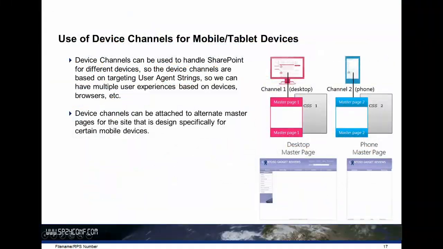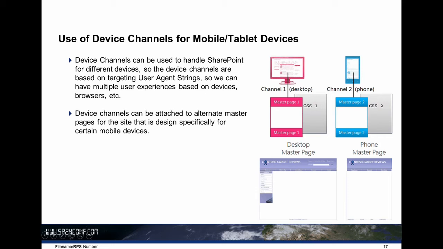Another concept that Microsoft has introduced to SharePoint 2013 is the use of device channels. And what a device channel is meant to do is target particular devices. So what we could do is use different user agent strings to have different experiences for different devices.